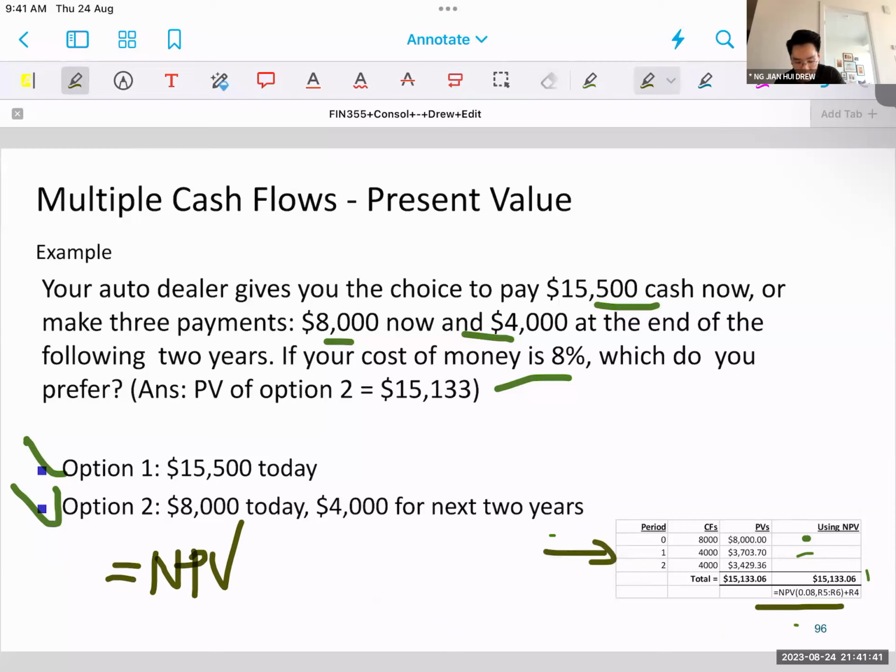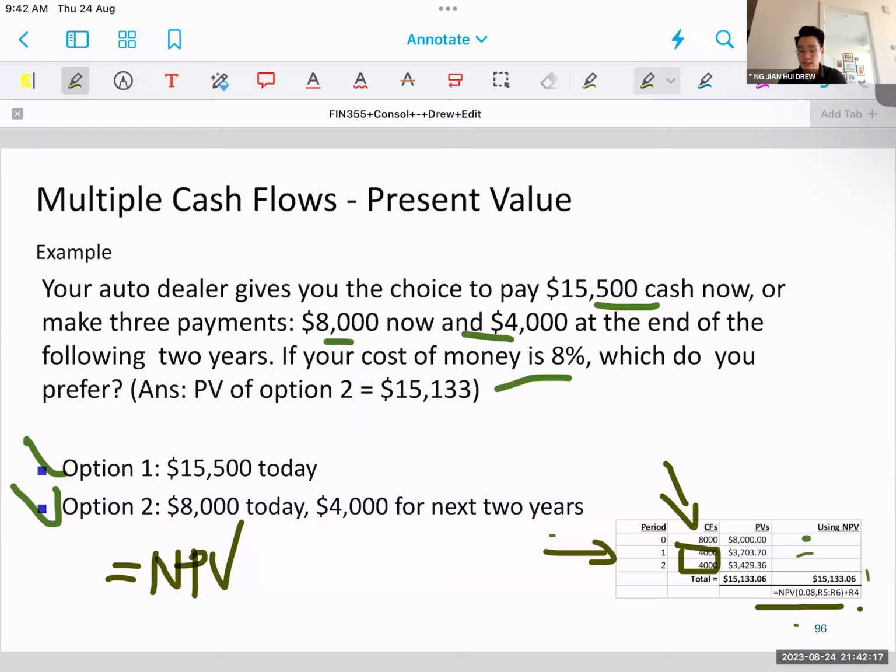So R5 to R6 are these two here, and they plus R4. R4 is the 8,000 that is here. So the NPV formula assumes that the first cash flow is in year one, so you do not count year zero. Your year zero must be placed outside the NPV formula. It cannot be inside.